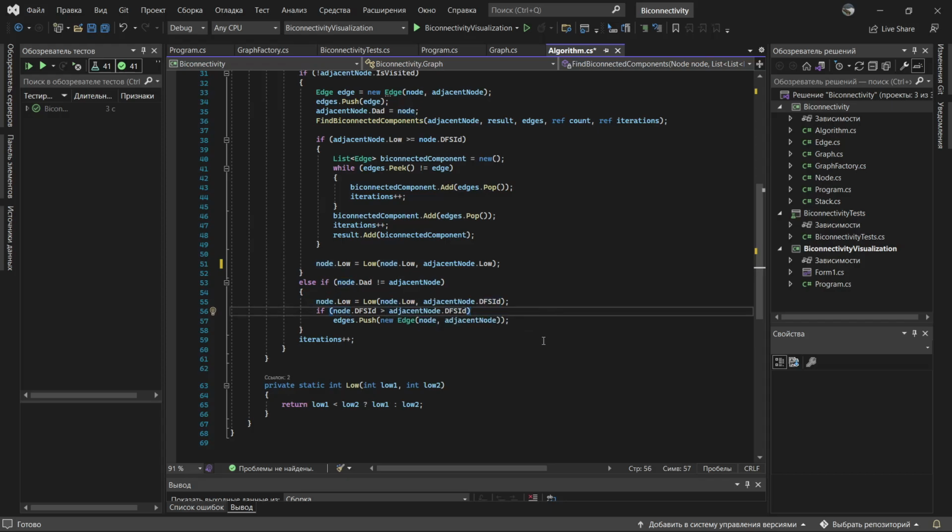But also, because our graph is undirected, there is no difference between the edges 1, 2 or 2, 1. So we have to check if this edge is a real back edge. It's a back edge in this situation only if the start node index is higher than the finish node index as well. And only in this situation do we push this edge to our stack.